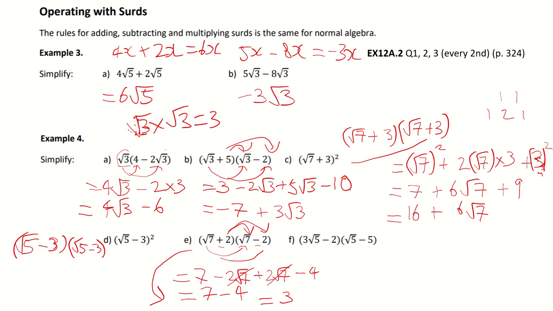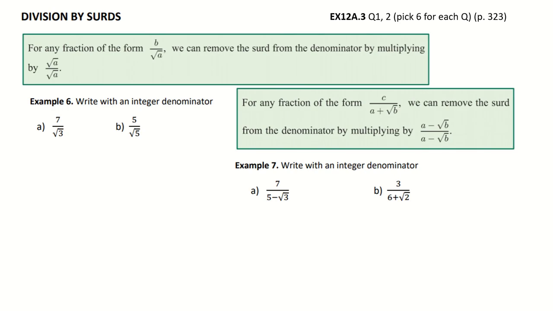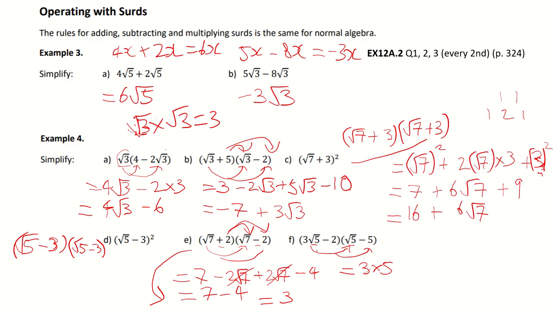I'll quickly do this last example. So I'm going to use FOIL. There's no special patterns here. So we'll have 3 lots of square root 5 times square root 5. Well, square root 5 times square root 5 will just give us 5. So it'll be 3 times 5. And then we're going to have 3 square root 5 times negative 5.